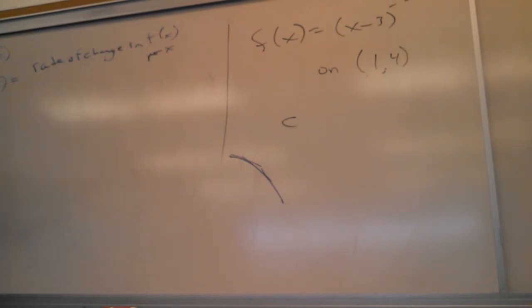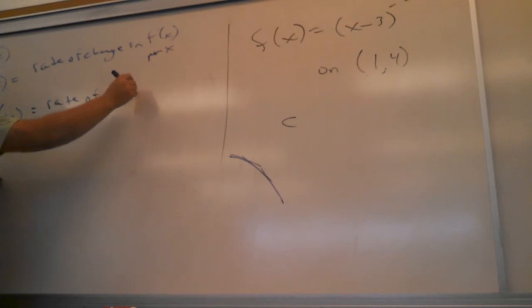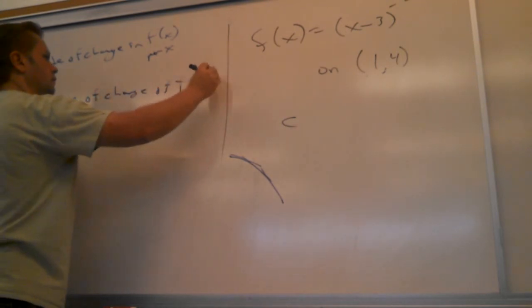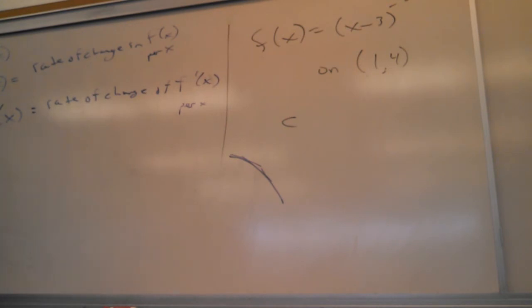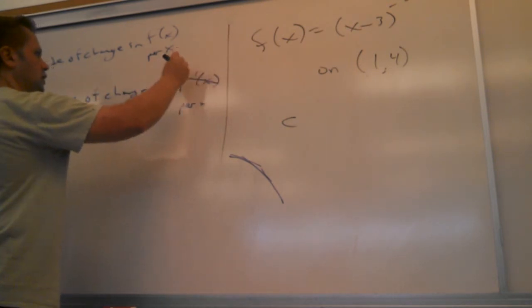As you change x, what's the rate of change of the outputs? So what should f double prime be? Whenever you have a function, I don't care if it's a derivative of something or what it is, when you take its derivative, you find the rate of change of it. So this would be the rate of change of f prime per x, because they're moving along the x-axis. So this is the rate of change of the slope.